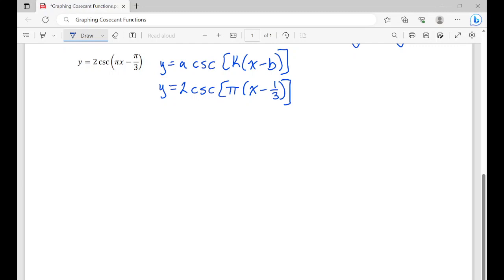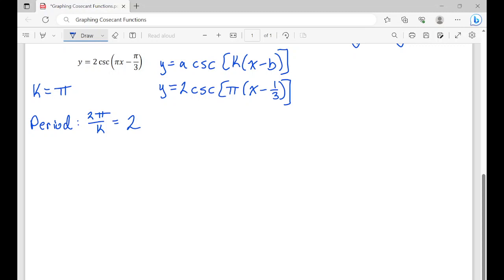And so now I'm going to pick out what I need. First off is I'm going to pick out k, and k is going to be the number up front, and that is pi. A little bit odd, but we go with it. And now I'm going to find the period. And the period is 2 pi over k. And since it's pi, it's going to be 2 pi over pi, which means a period of just 2.